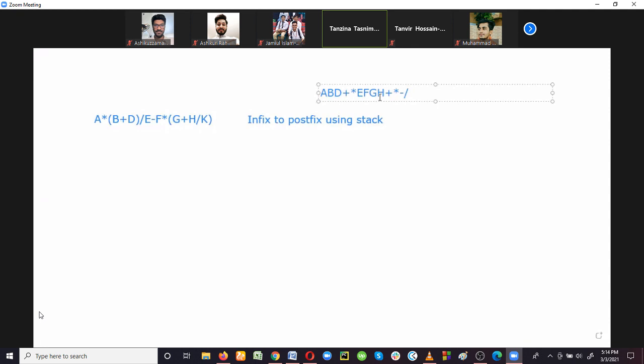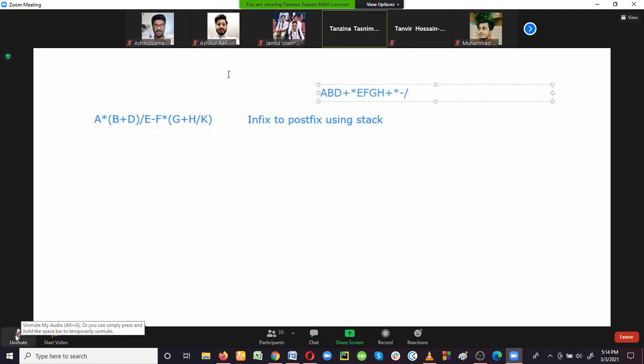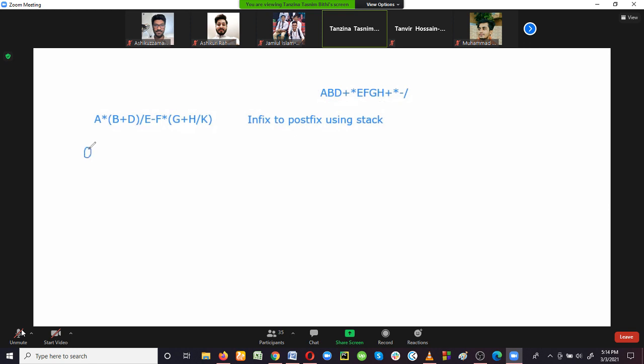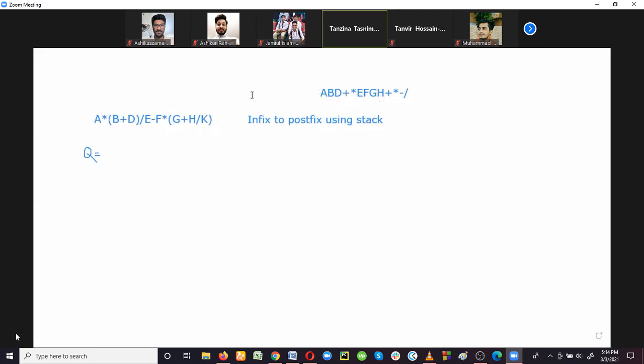Tanvir, where is K? Okay, I'm solving it. Okay, so this is our infix notation. What is the first step? At first, we have to take a right parenthesis at the end of this infix notation, isn't it? Yes, ma'am. So let me just create some space.